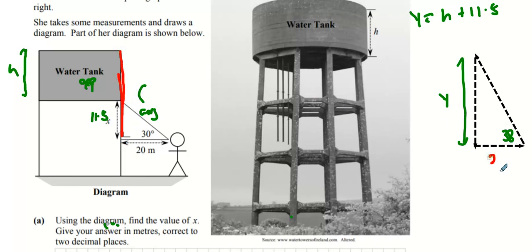We know the adjacent is 20, so we can use tan 38, because it's opposite over adjacent: tan 38 equals y over 20.